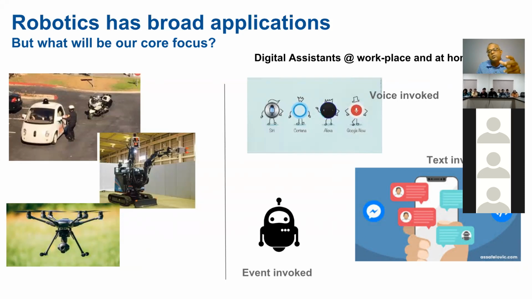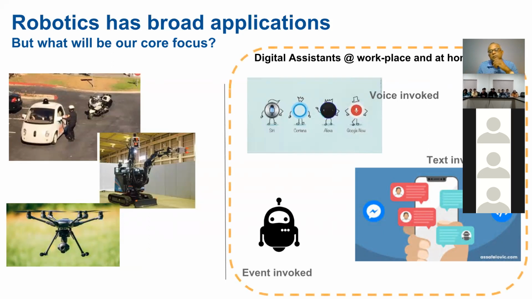That construct is now available. On arrival of an email, the email reading assistant is triggering the robotic activity. So we're going to generally focus on the digital assistant aspects of bots, or software robotics.